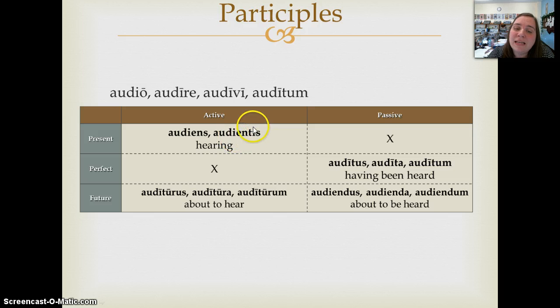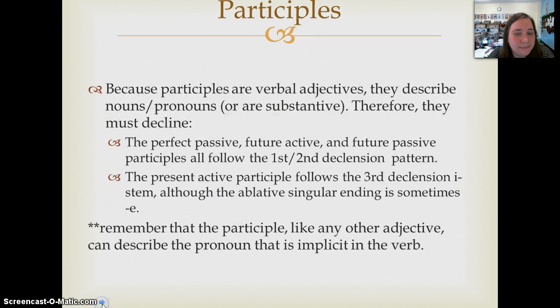So this IS ending tells you that we're in the third declension. So present active is going to decline as a third declension I stem, with the exception of the ablative singular, which does sometimes have an E instead of an I. But perfect passive, future active, future passive, all first, second declensions.